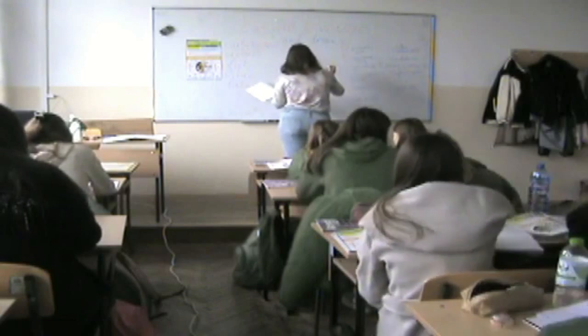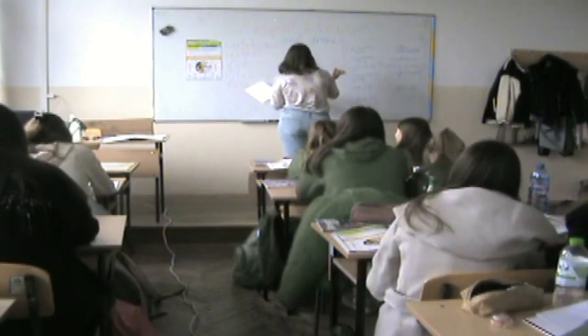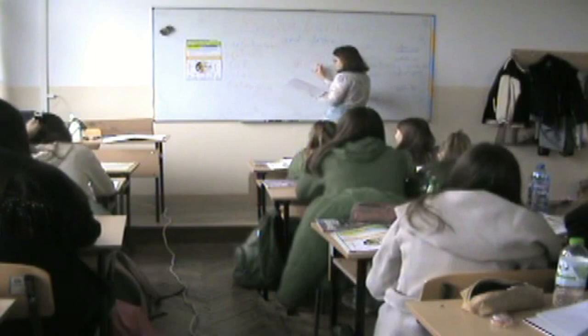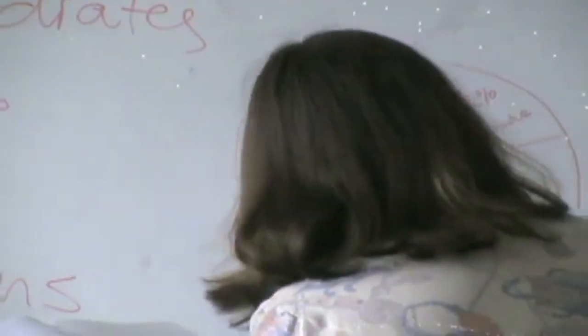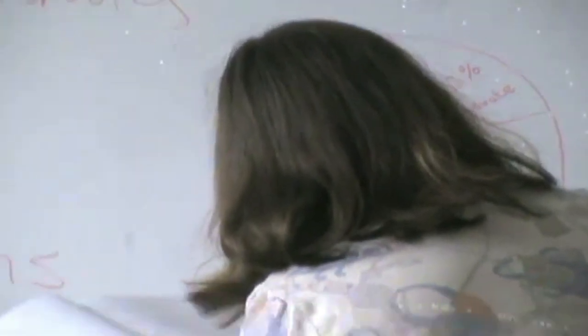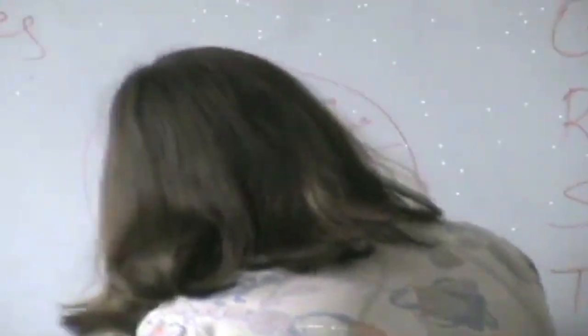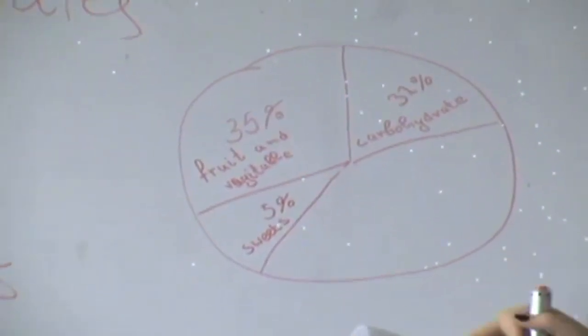I get 32% carbohydrates. So 35% of fruit and vegetables, 32% of carbohydrates, okay? 5% for sweets.